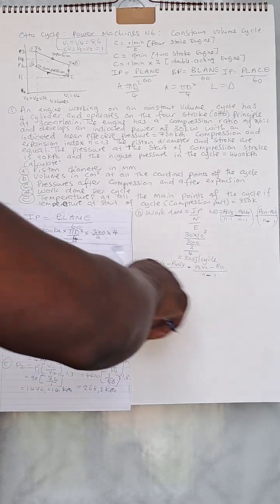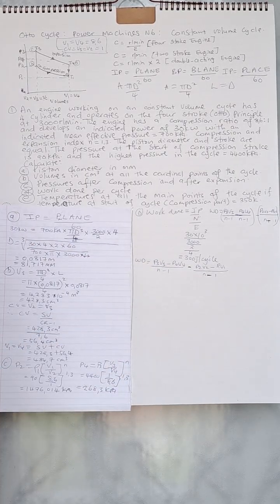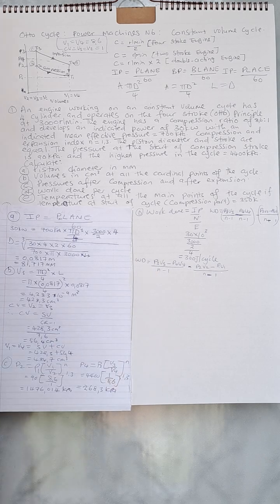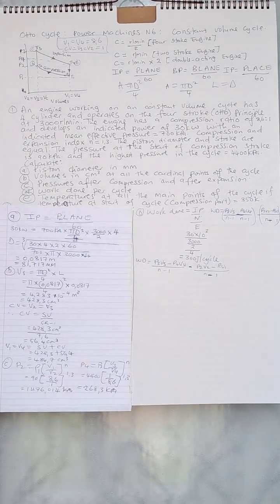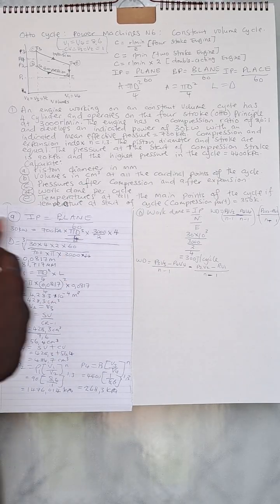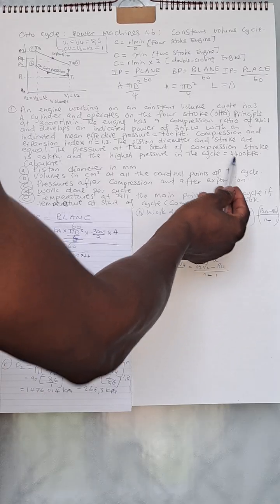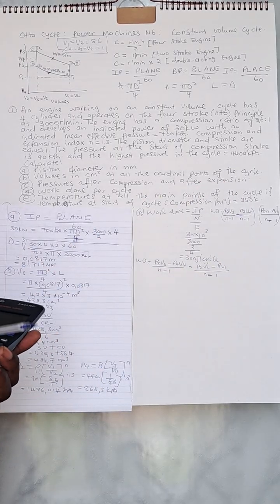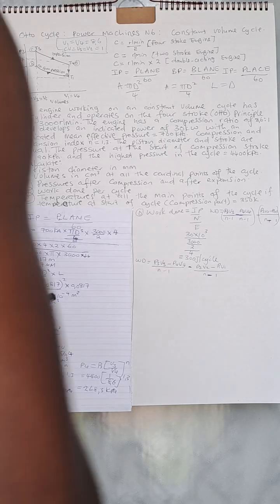So we have our P3, we have our V3, and we have everything at our disposal. Just because of space, let me put in the values. Our P3 is 4,400 times our V3.